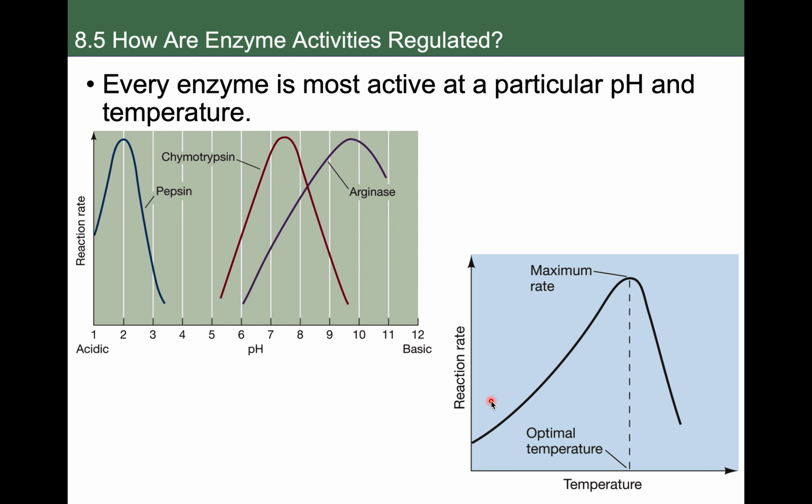That's just because, for example, for chymotrypsin at about pH 7.5, that is the pH that's going to allow that enzyme to fold correctly and have the correct shape, so it'll be most efficient at catalyzing its particular reaction. Same idea with temperature. And we'll explore that idea a little bit more in lab as well.